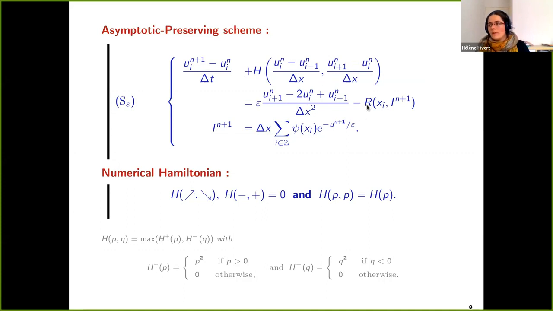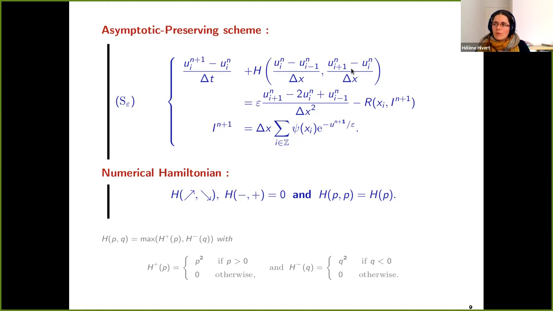You had this net growth rate, so the term in R at place X and at time t, evaluated at I of t. And it is important to consider this I implicitly. Okay, I was the integral with respect to the trait of psi times the exponential of minus u over epsilon. So it is approximated with a quadrature rule.